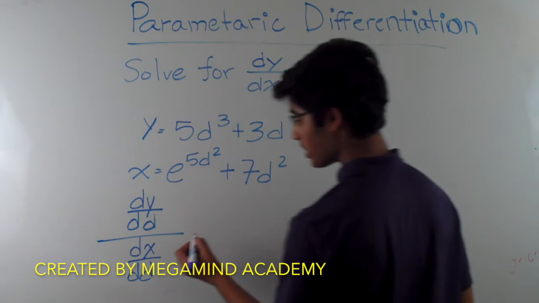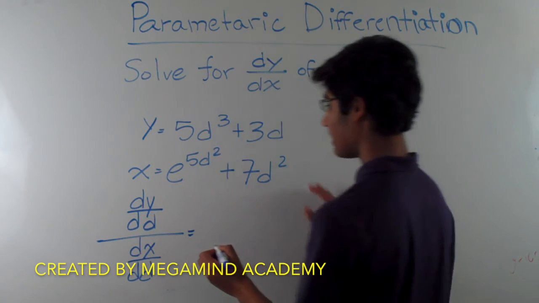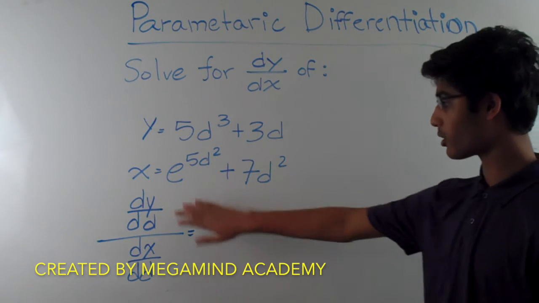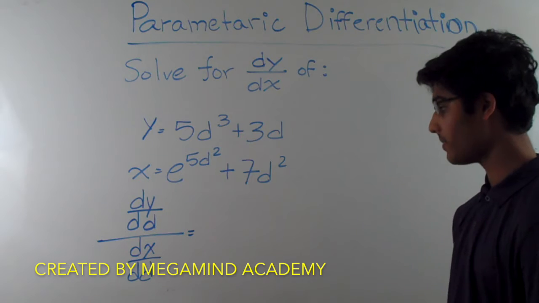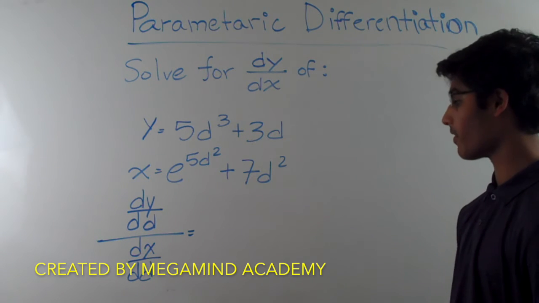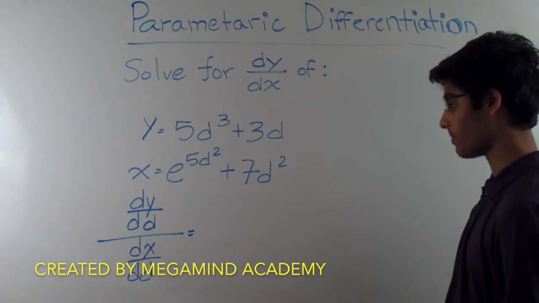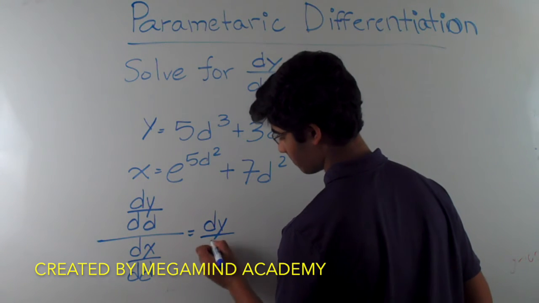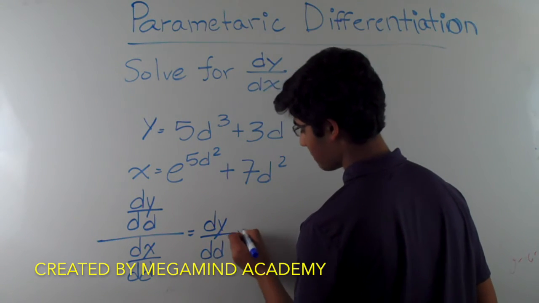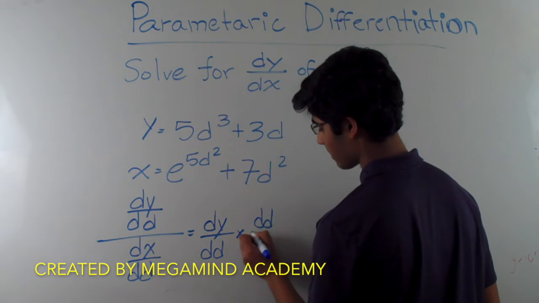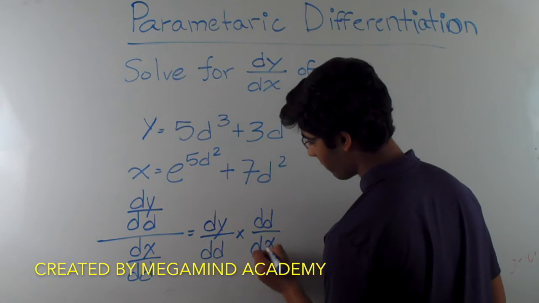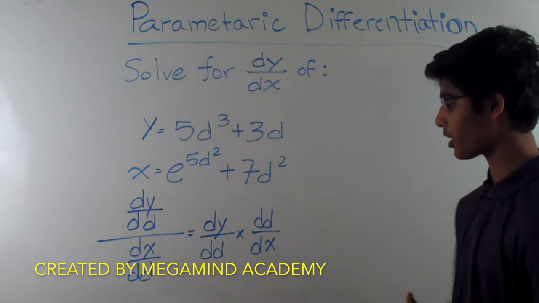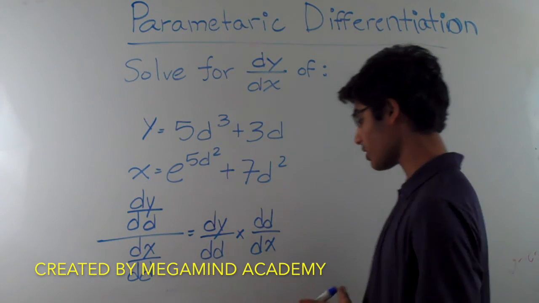So what happens when we divide the derivative of the numerator by the derivative of the denominator? The derivative of the numerator is dy/dt, and the derivative of the denominator is dx/dt. So this becomes dy/dt times dt/dx, because we remember we have to multiply the numerator by the reciprocal of the denominator for dividing fractions.